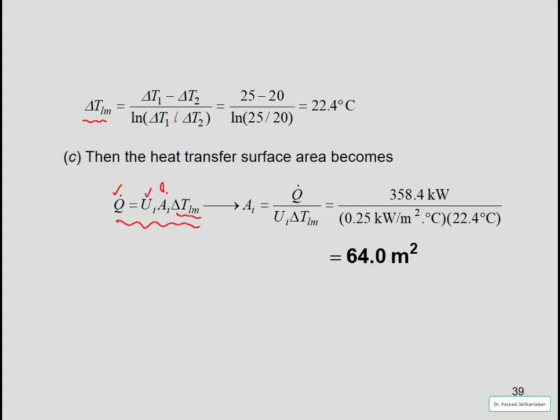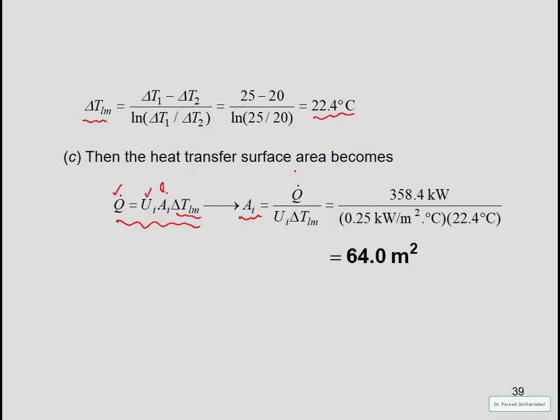By substitution of this delta T1, delta T2 in the equation to find the log mean temperature difference, we can find the delta TLM, which is 22.4 degrees Celsius.